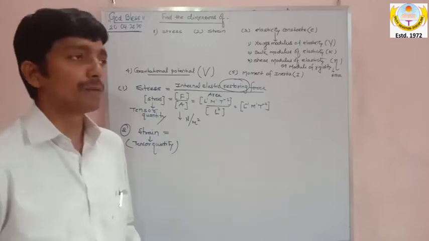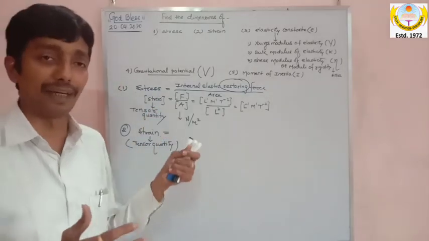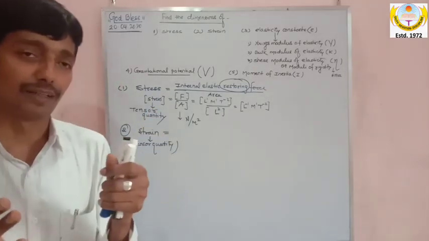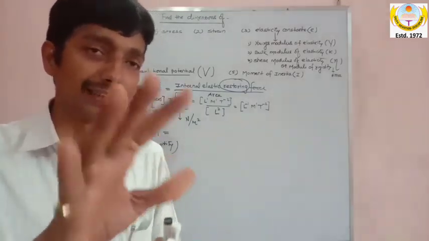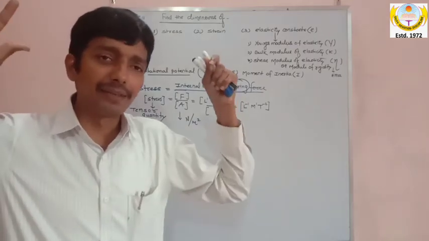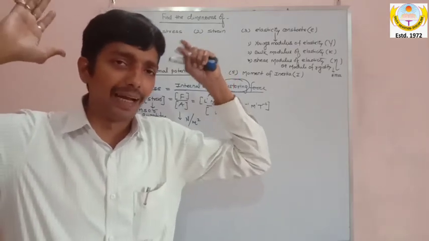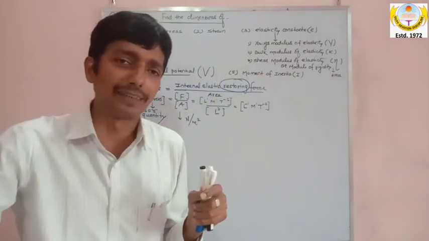Now, my dear, what is strain? See, let me tell you, stress and strain occur together. For example, suppose I took a lot of bags on my head, and I am going somewhere to drop them at the station.